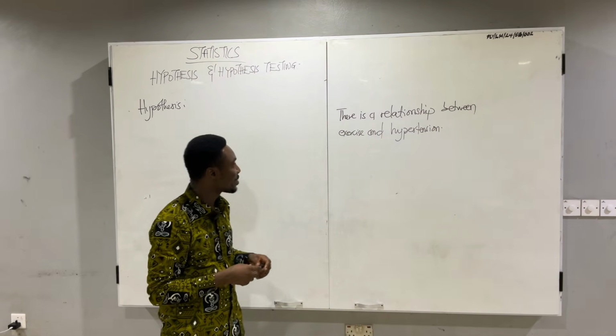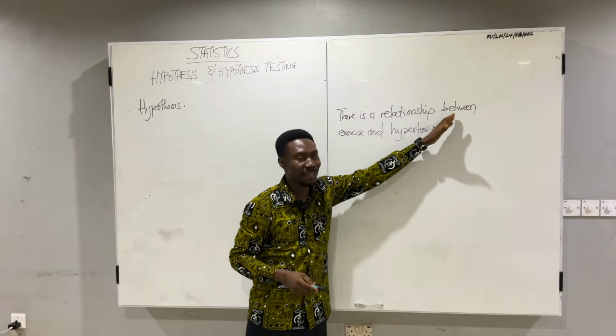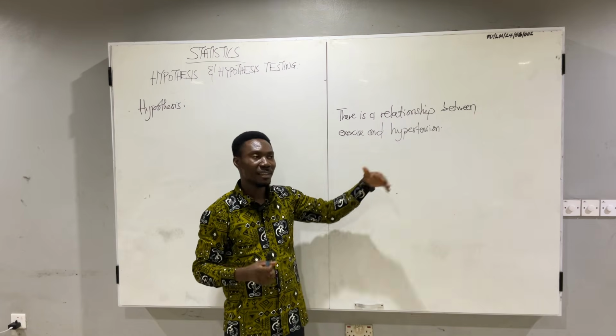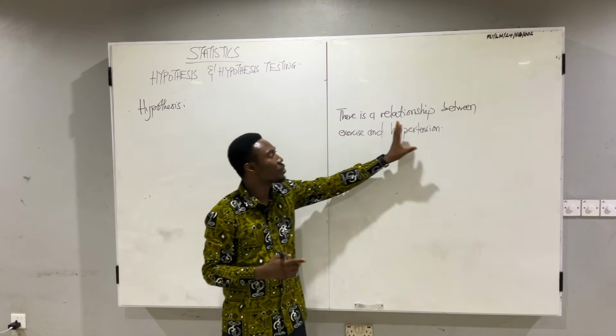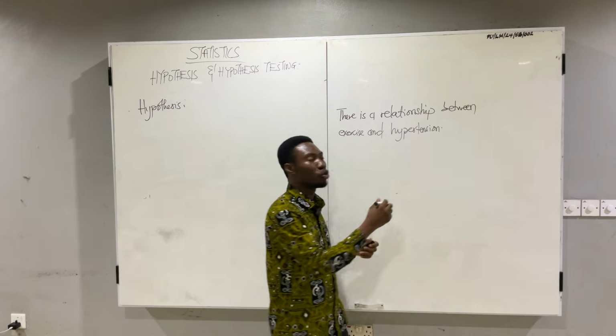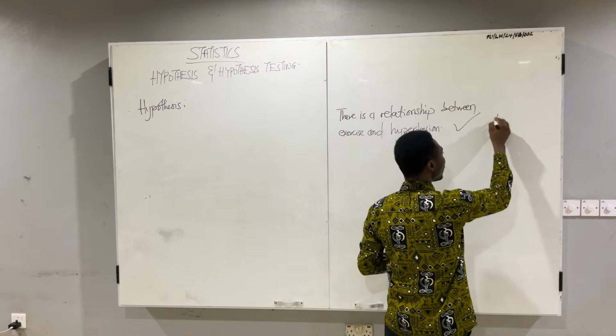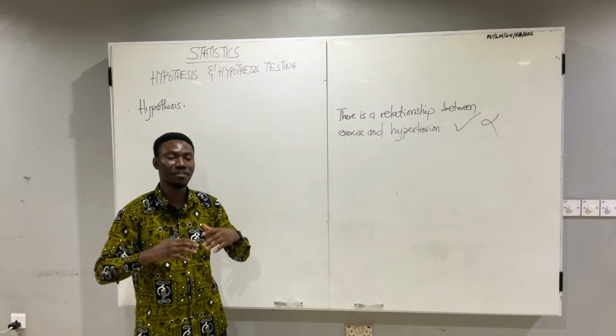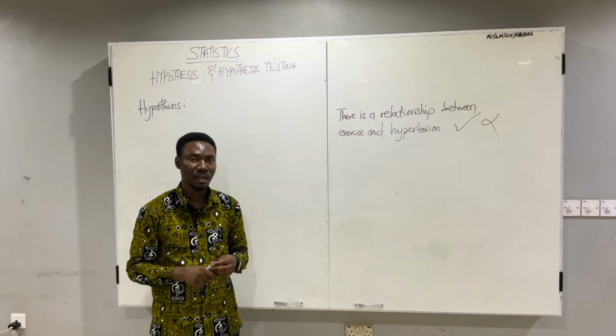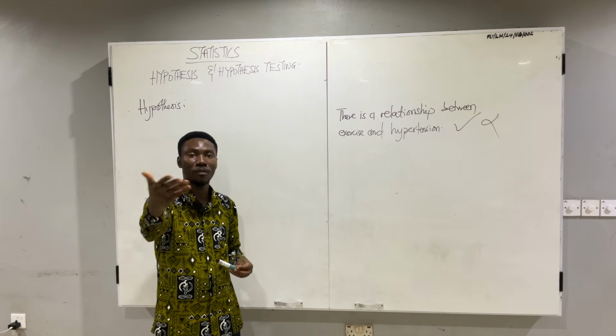Okay, I can make a statement that there is a relationship between exercise and hypertension. Now, this is a statement that we can test because why? This statement over here, it can be true or false. Okay, so when we say a hypothesis, hypothesis simply means a testable statement. A statement that can either be true or false.